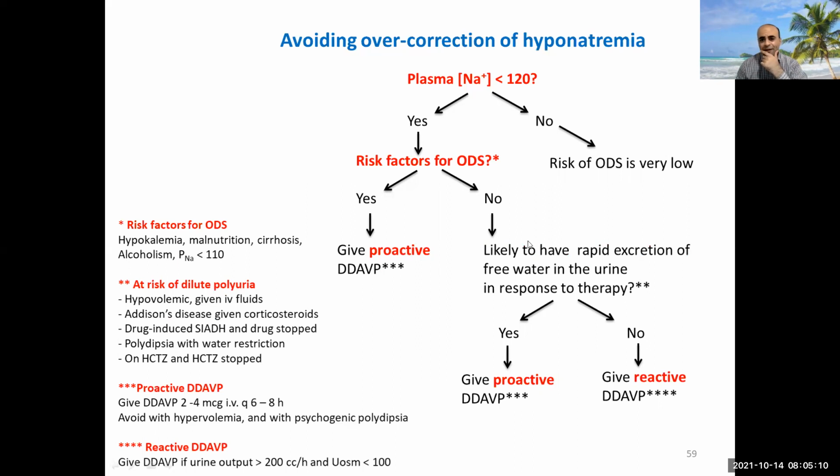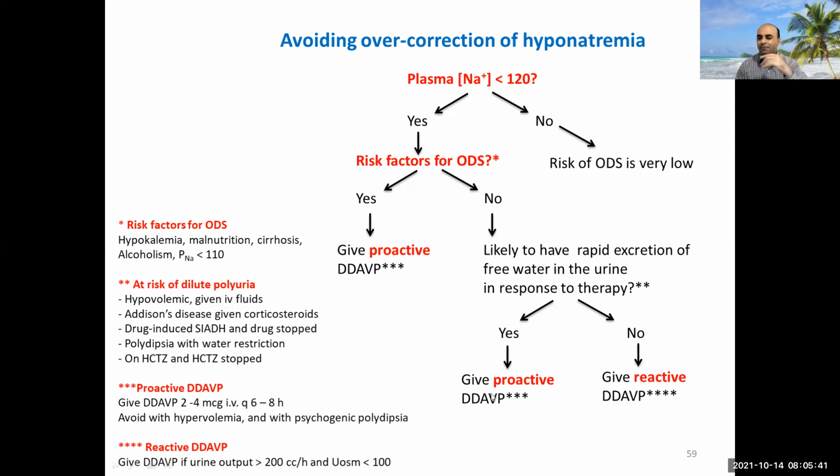If your patient is already at high risk for free water excretion, especially a hypovolemic patient with hyponatremia, and you correct him with normal saline, when he is rehydrated or repleted from this dehydration, the ADH, antidiuretic hormone, will be shut off and stopped. Then the patient will start to have polyuria and overcorrection will happen.